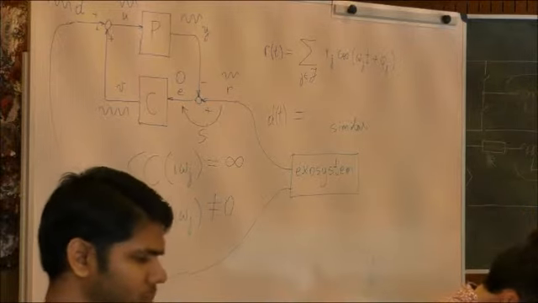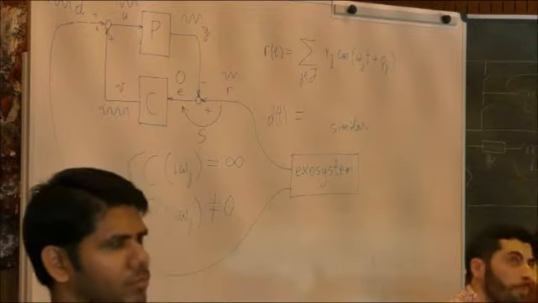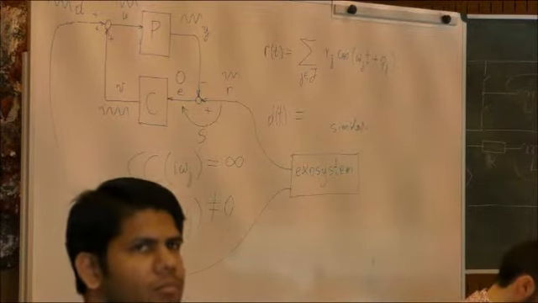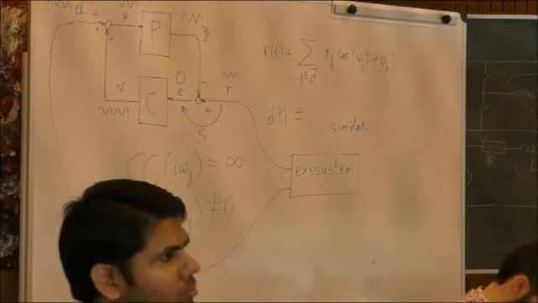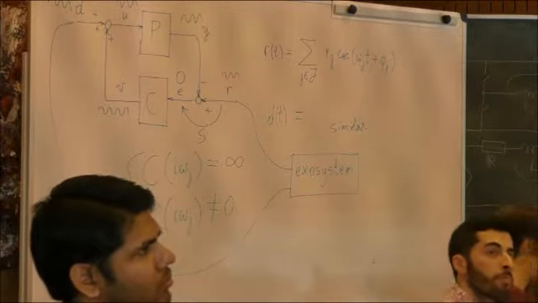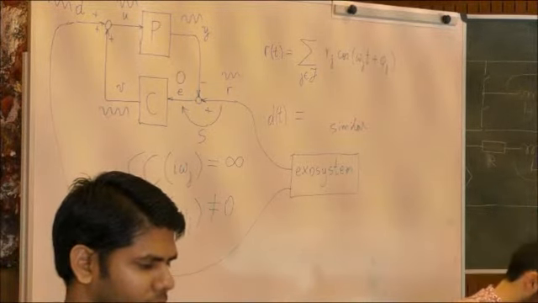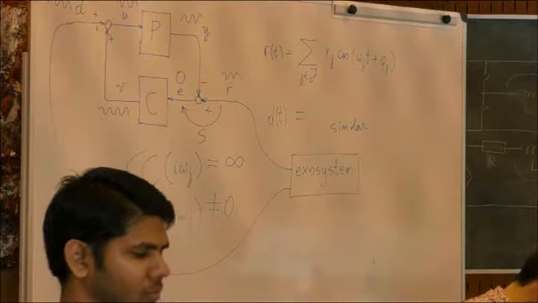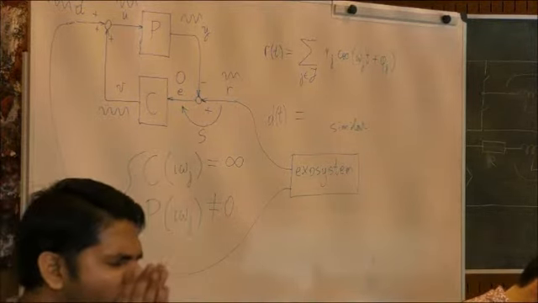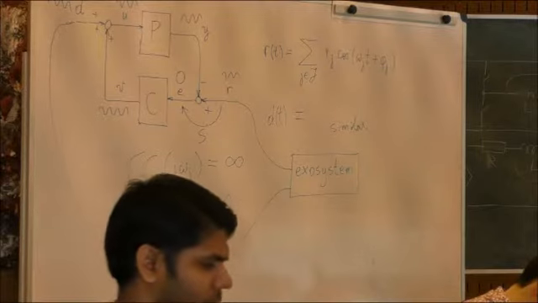If the input is 0, the output is a constant. So an integrator is able to generate constants. And so the integrator part of the PI controller, because there is also a proportional part, but the integrator part is in fact an internal model in the sense that it can generate the same type of signals, constants, like the disturbance and the reference. Yeah?